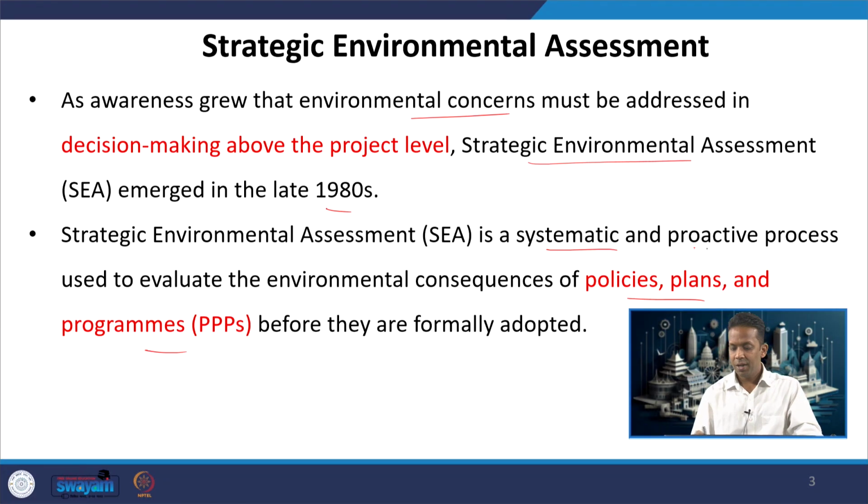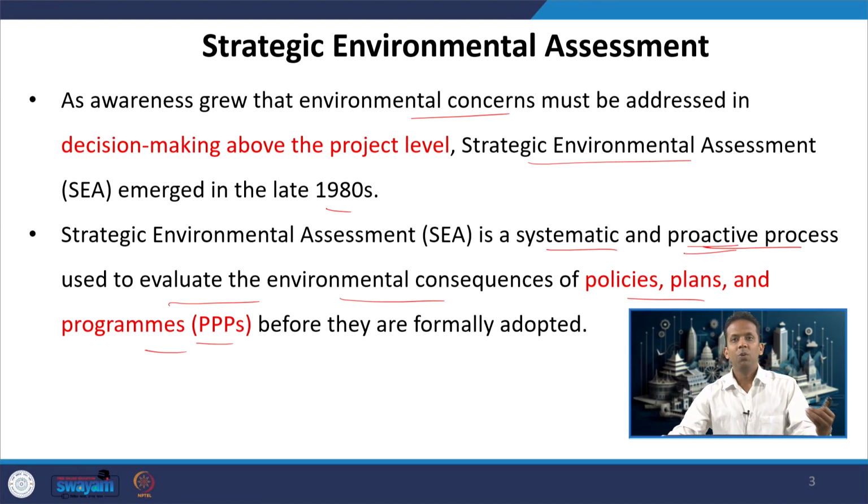It is a systematic and proactive process used to evaluate the environmental consequences of policies, plans and programs, PPPs, before they are formally adopted. Because it is a structured process just like EIA, it is systematic, but most important, it is a proactive process.